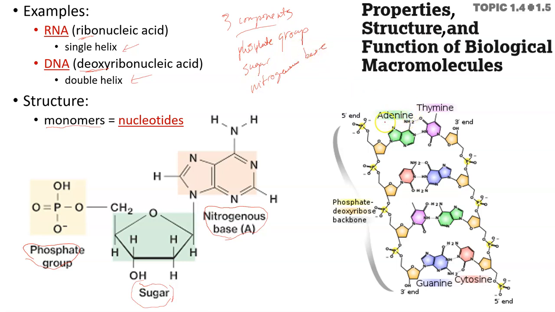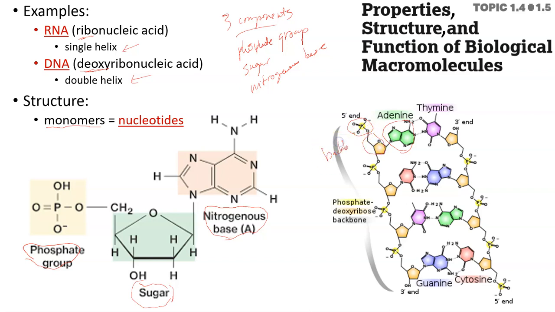Okay, so when you talk about DNA, and we'll talk about this more in depth a little bit. If you try to transfer this image over here, you can kind of see that the nitrogenous base is what we typically call the A's and T's and C's and G's, the adenine, thymine, guanine, cytosine. That is typically this nitrogenous base area that's doing the actual bonding. Now this phosphate group over here and this sugar, these are part of the backbone.